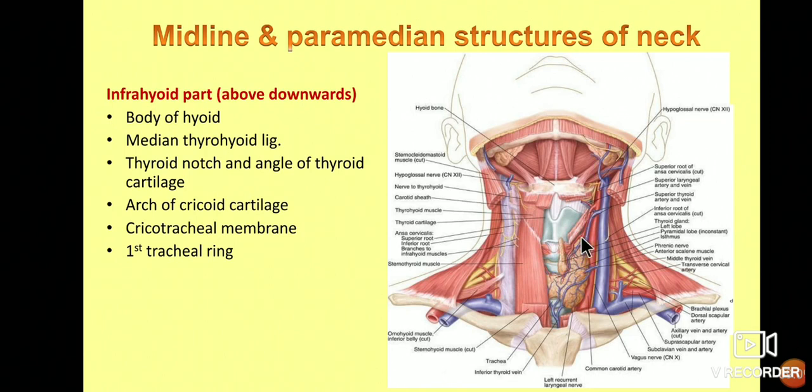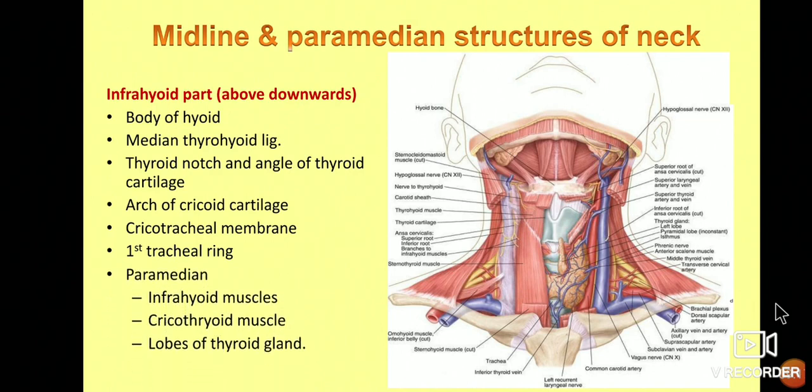The deeper you go, you will see the cricothyroid muscle, and then posteriorly the inferior constrictors. Okay, so on either side you can see the lobes of the thyroid gland, and this is the pyramidal lobe which extends from the upper part of the isthmus of the thyroid gland and is not always present.